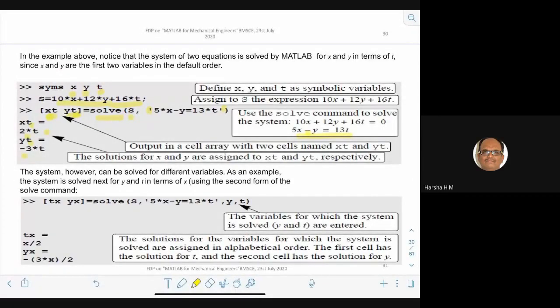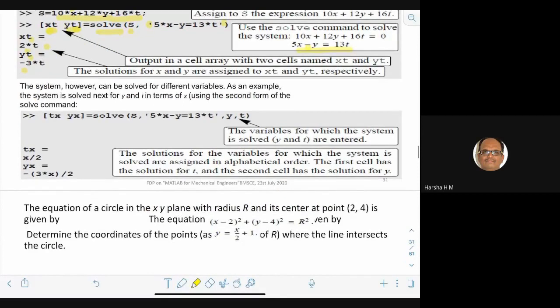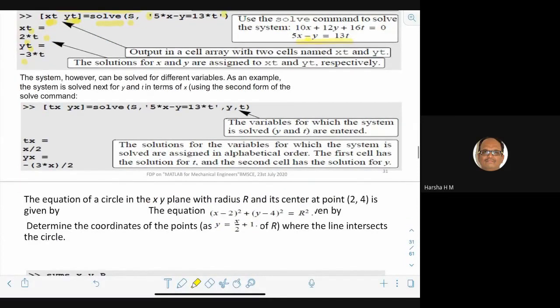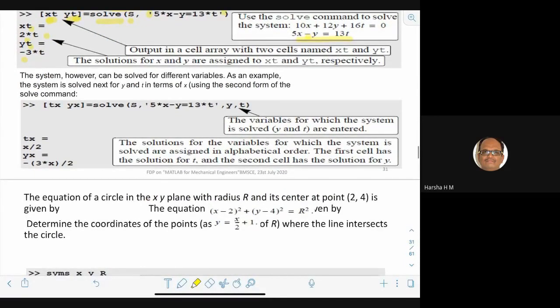But if you have only this part, the system can, however, be solved for different variables. Here, if you observe the same thing, solve s as well as this expression for y and t.